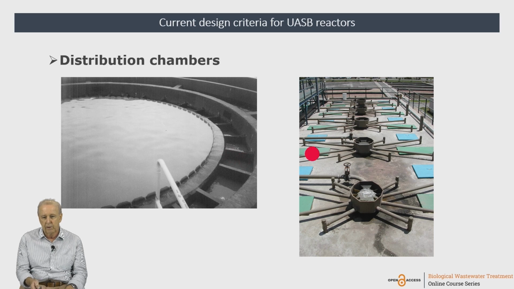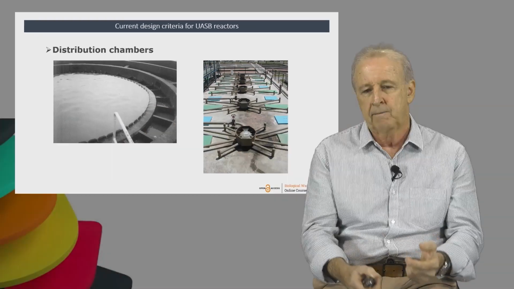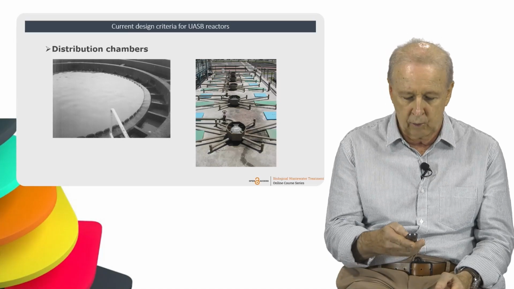And here we have another model of distribution chamber. For bigger reactors, we have maybe 1, 2, 3, 4, 5, 6 distribution chambers, each one dividing the wastewater into a certain number of pipes, and these pipes distribute the wastewater at the lower part of the reactor, and from that point the reactor has the upflow movement, as we are going to see.